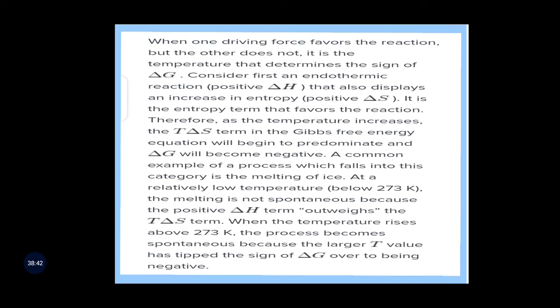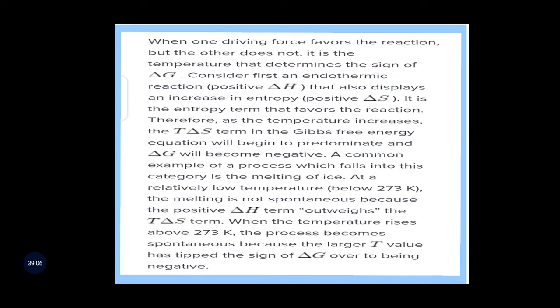So as temperature increases, the product of temperature and the entropy change term in the Gibbs free energy equation will begin to predominate, and then your delta G will become negative. A common example of a process which falls into this category is the melting of ice.